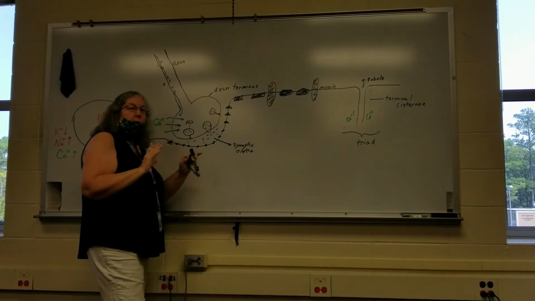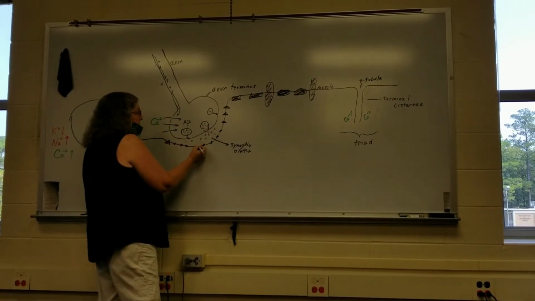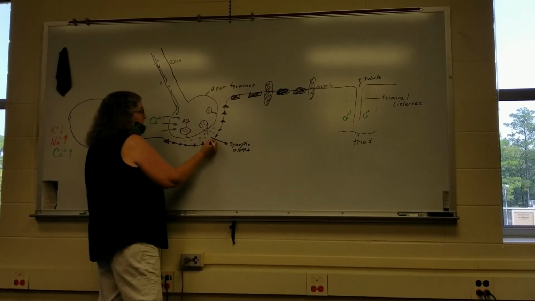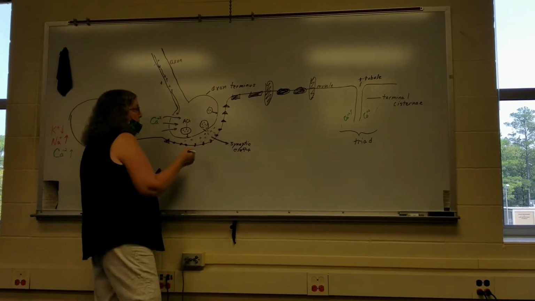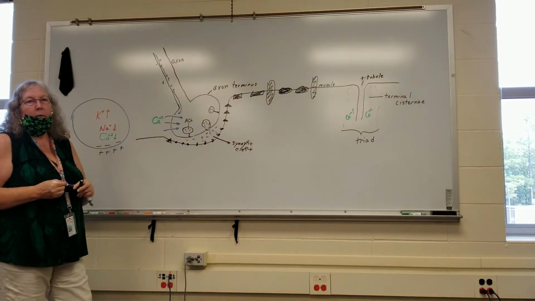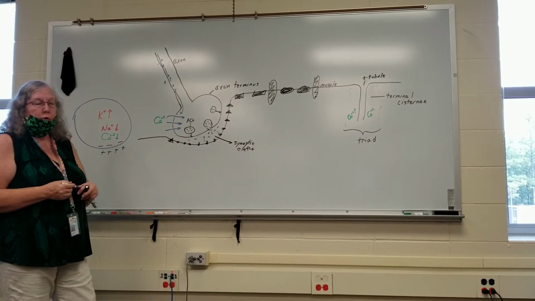Once again, remember there's a lot of specificity here, which the acetylcholine will bind to. So it will bind to these receptors right here. Remember, whenever you have binding of two things, there's usually going to be a shape change.